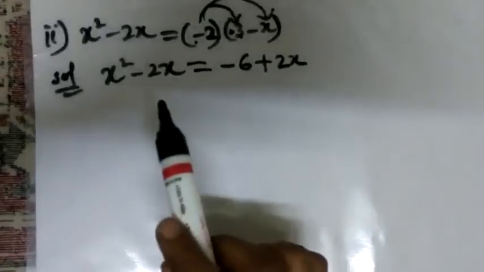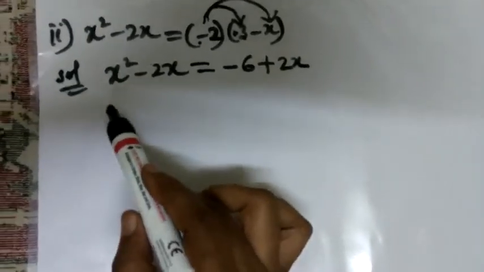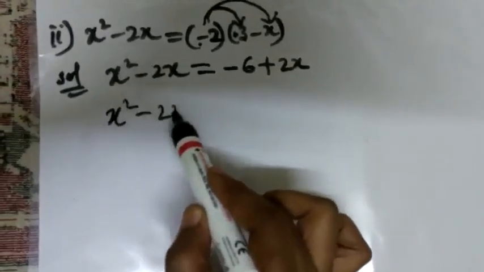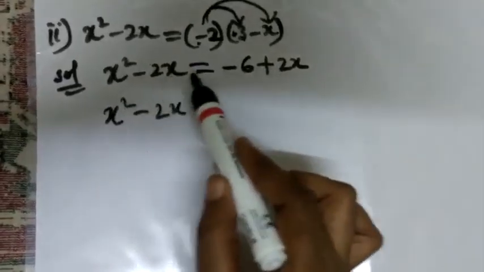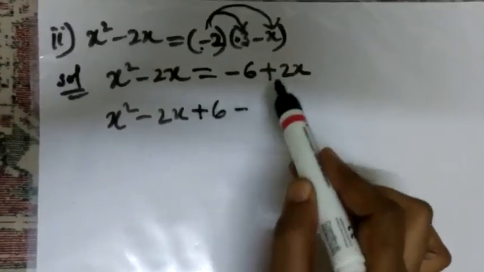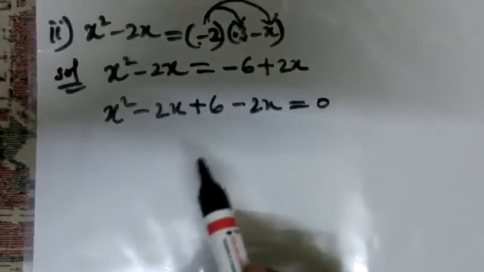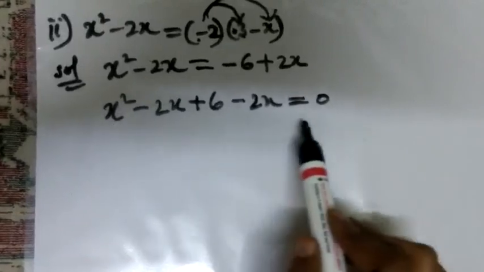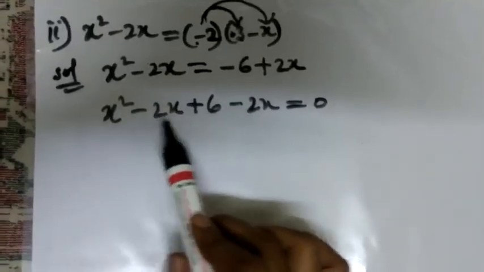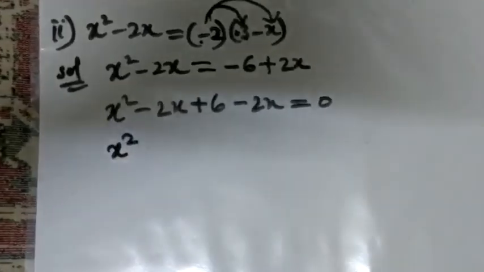Now what is the tip we had discussed? Always try to keep x square positive. So I am keeping this x square and hold this term here. I'll be sending or transposing these terms here. So it will become plus 6. This will become minus 2x equals to 0. Okay. Now when I try to collect out like terms, I am not seeing anywhere any x square term. So I'll say simply this is here only. It is same.